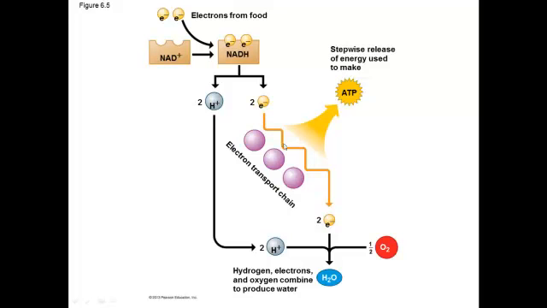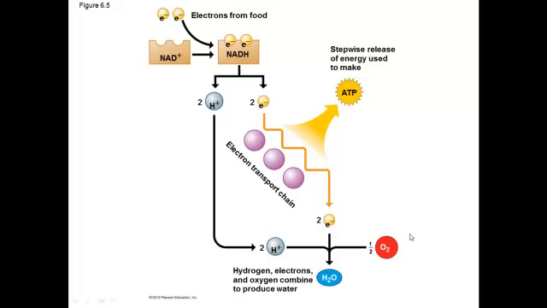And then again, the electrons get transferred to another molecule that's a little bit more electronegative, lowering the energy state of the electrons again, until finally they end up with the most electronegative molecule, which is oxygen. And remember, often electrons transfer with protons, or with a hydrogen atom, therefore making water.